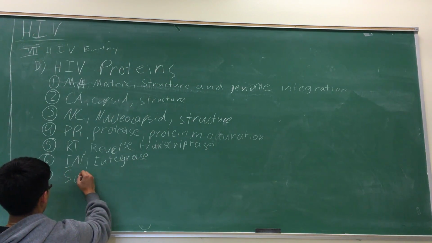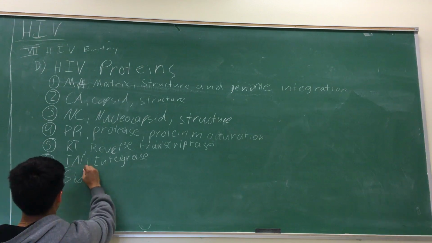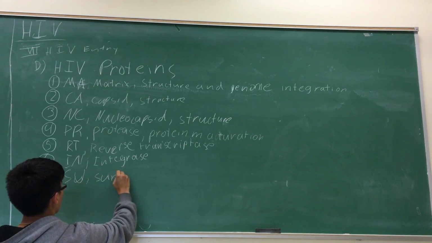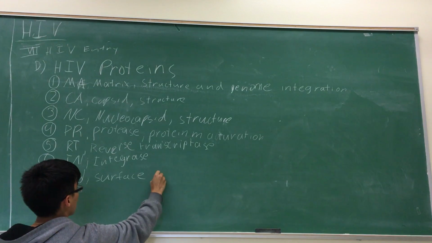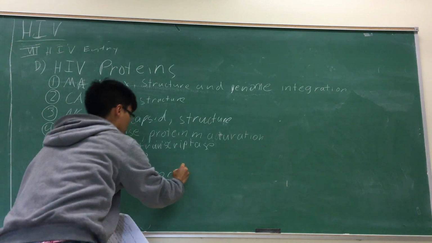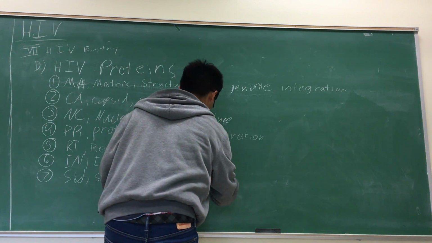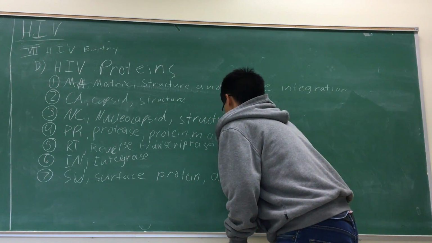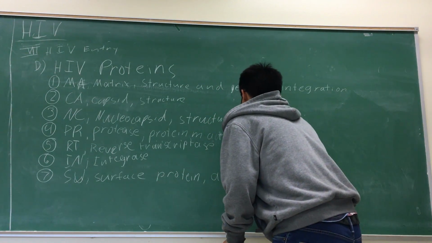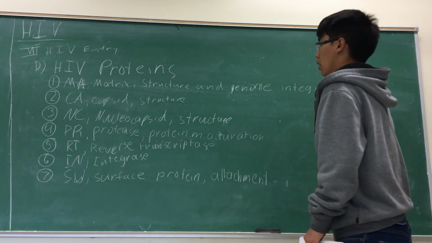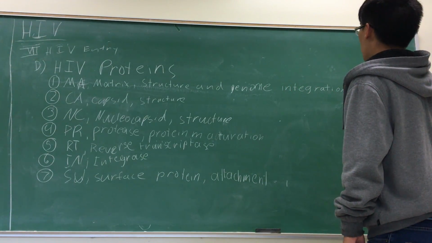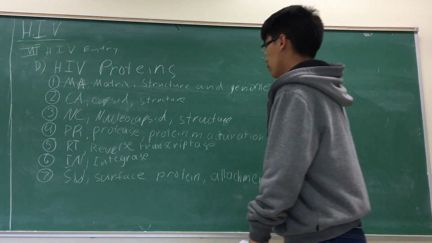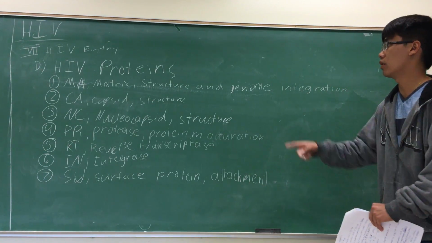Surface protein, abbreviated SU, is for attachment. Remember, for HIV, it's GP120. So write number 1 down.